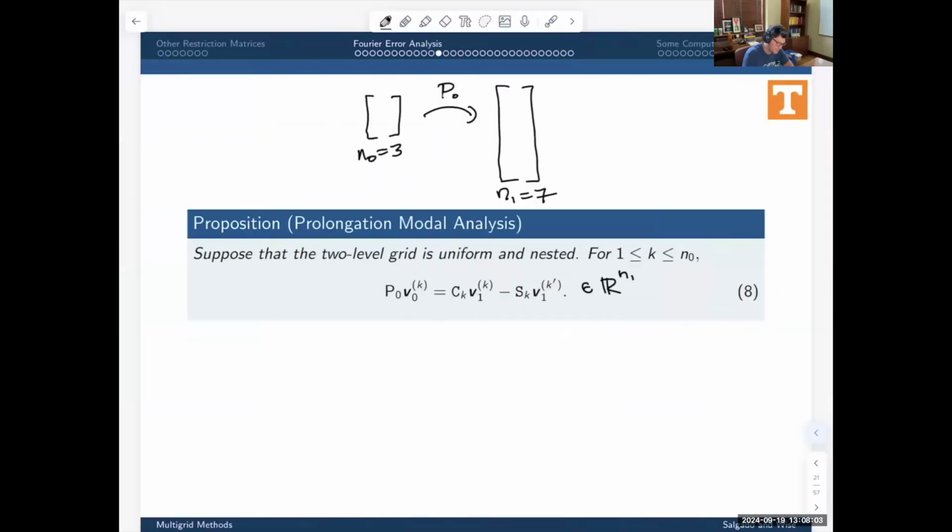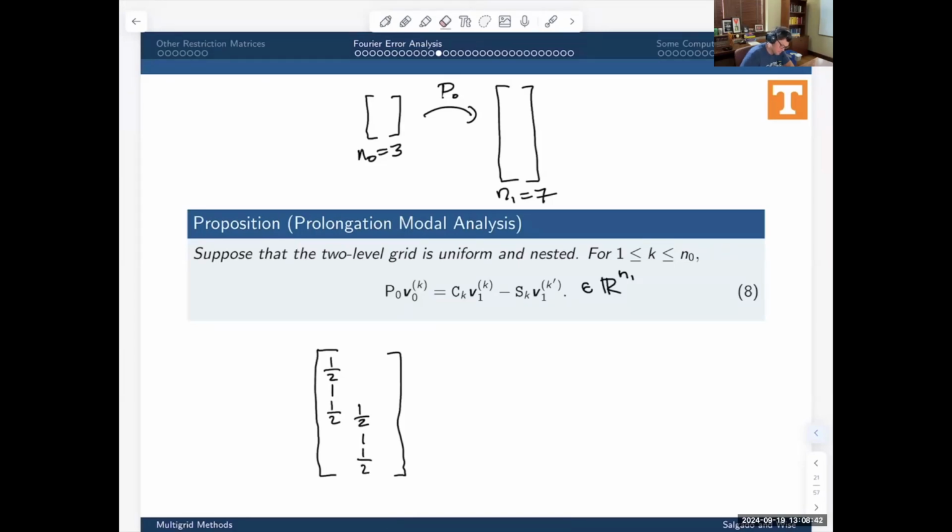And as I said, I want to start with this side and then prove that I end up with this. So I'm showing these two things are equal, so I'm going to take this vector first and then show that it ends up being equal to this. Now, remember, what was the definition of the prolongation matrix? That matrix had to be tall and thin, and it had entries like this, and so on.